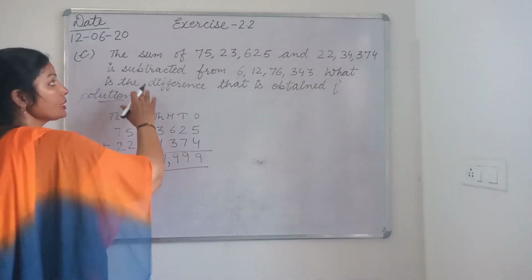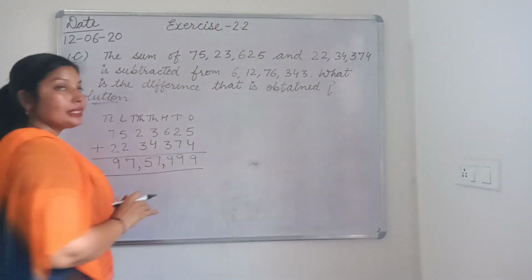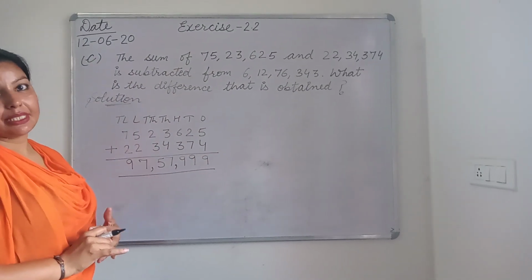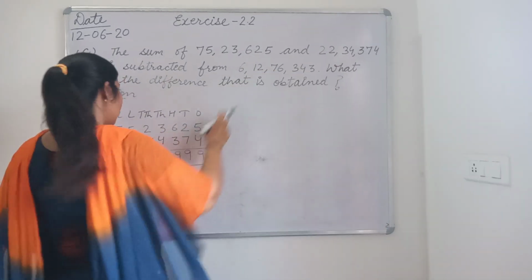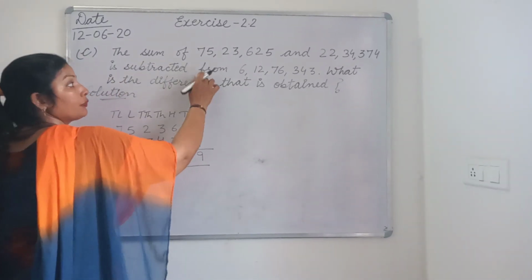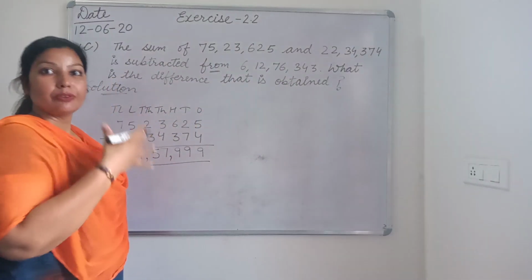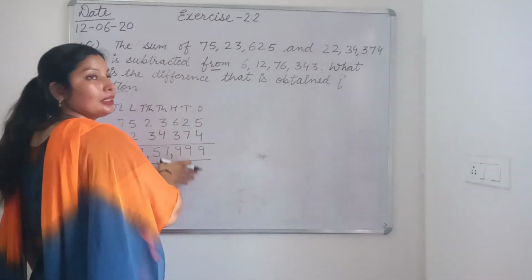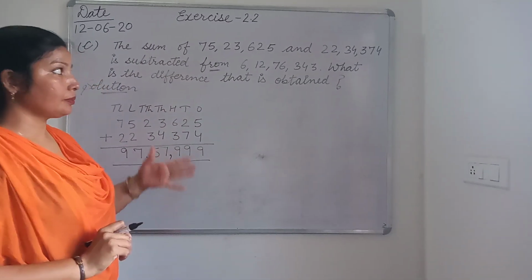Next process is there. Subtract this. Sum is subtracted from this number. So that means here we have to find difference. Okay. We will do subtraction. So this number will come up and this will come down, because subtracted from. From is there. That means after from number will come up and before from will come down. So this sum will come down and this will come up. So here now we will start subtraction.